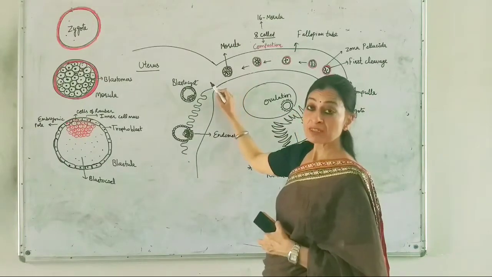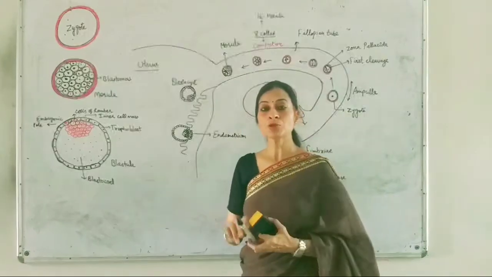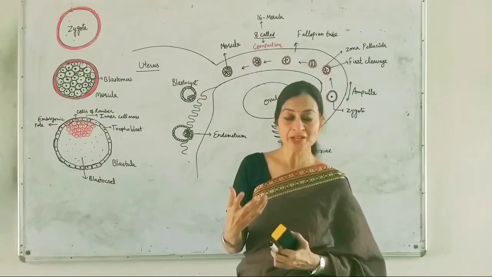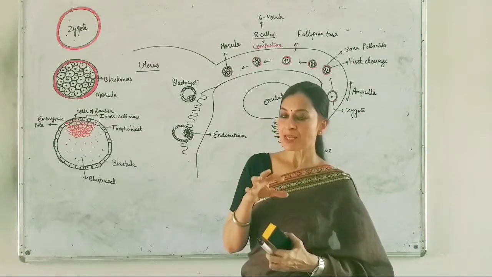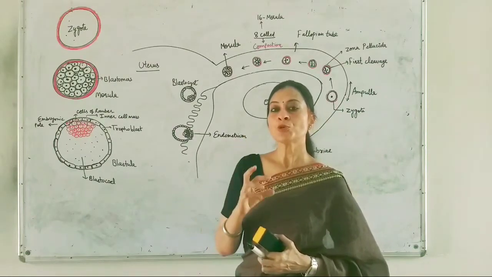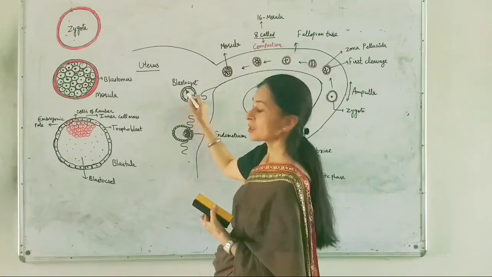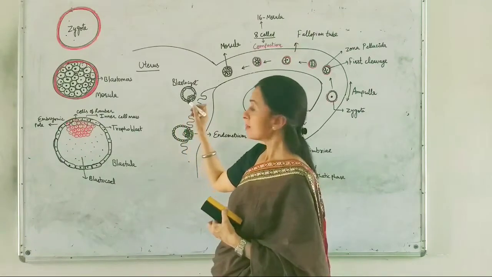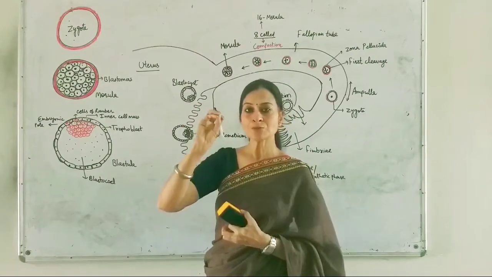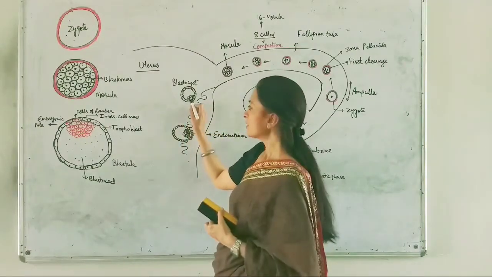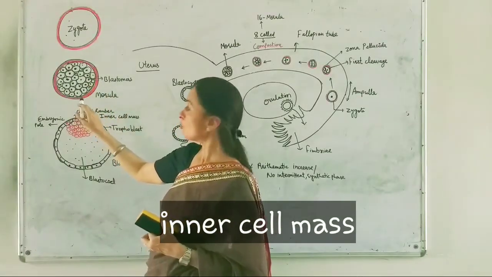But before reaching the uterus, this morula, which has two types of cells because of compaction, peripheral cells and inner cells, the peripheral cells are going to form a specialized layer which is known as the trophoblast layer, and the inner cells arrange themselves towards a pole region, and this is known as the inner cell mass. You can see here, I have shown the diagram of the morula.